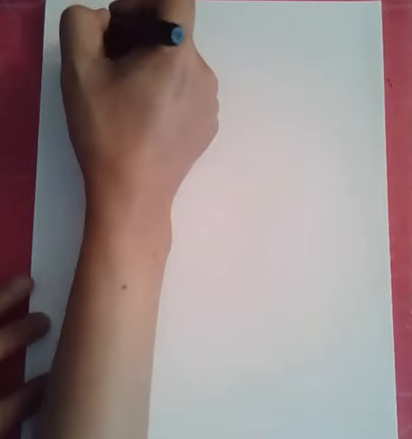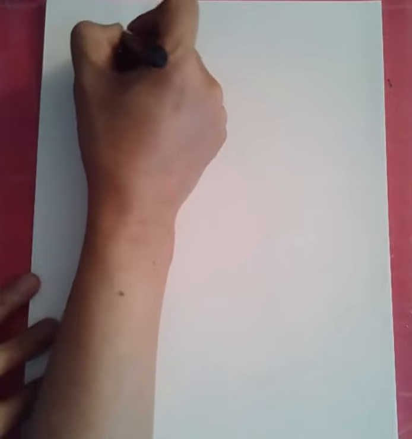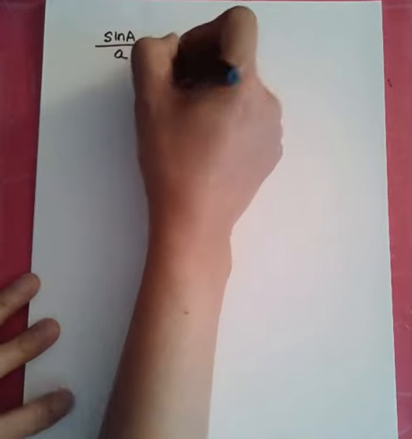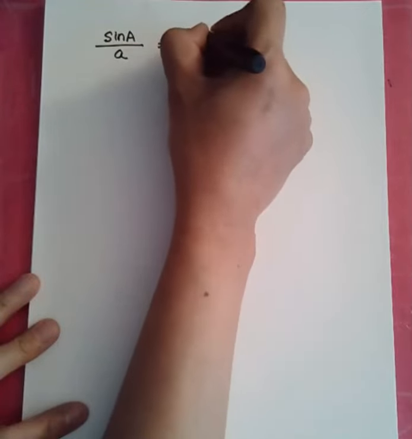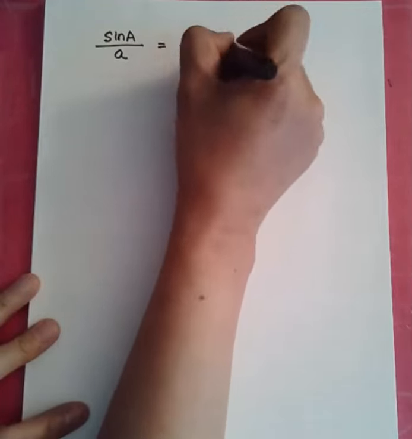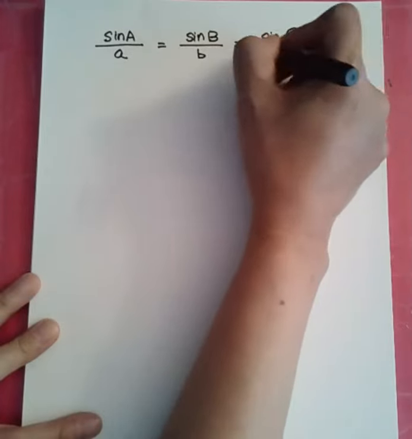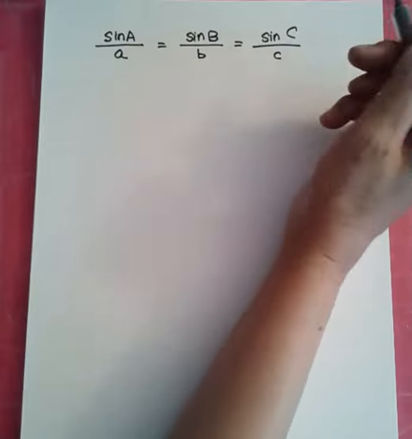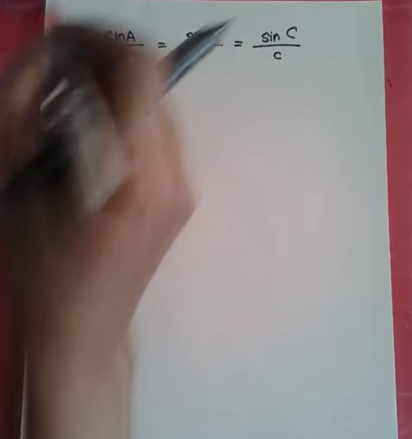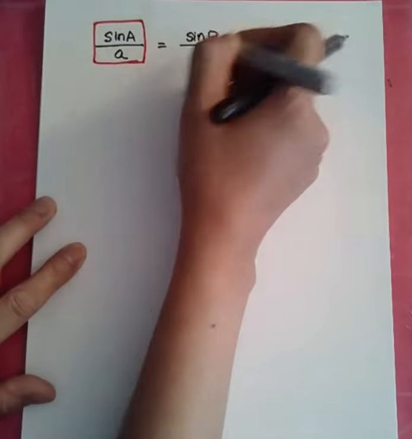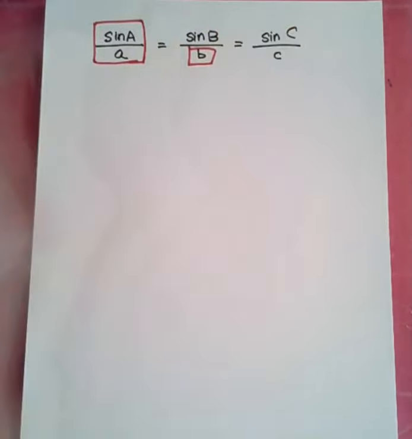When we apply the law of sines, sine of A over A equals sine of B over B equals sine of C over C. Currently, what's given here is sine of A over A and this side length.